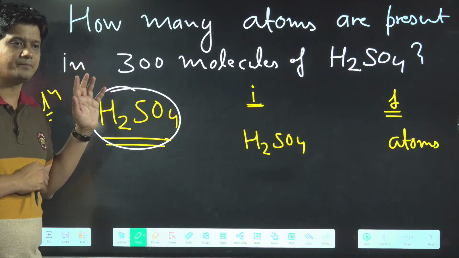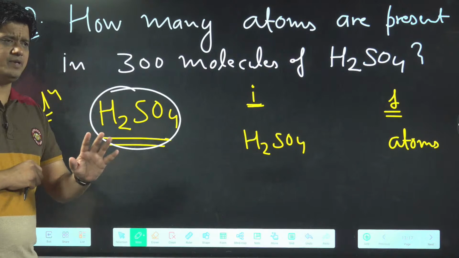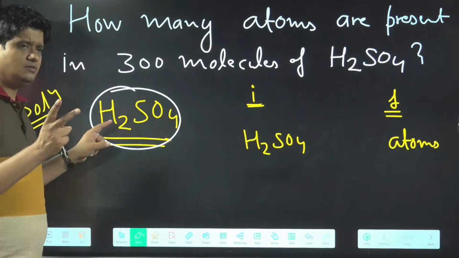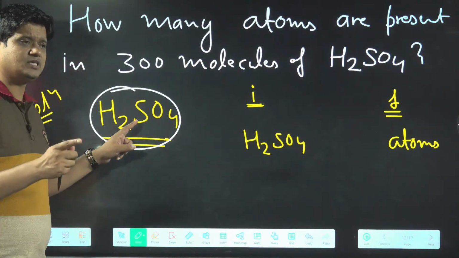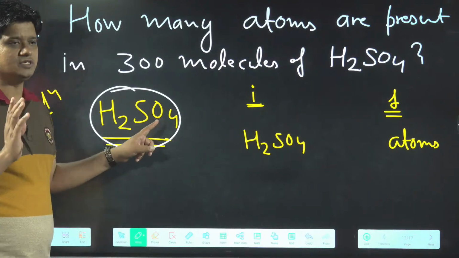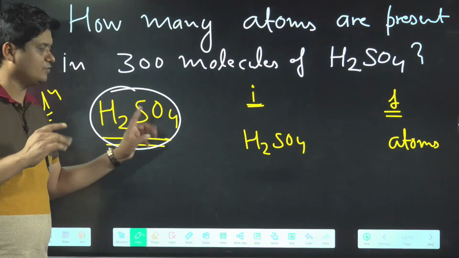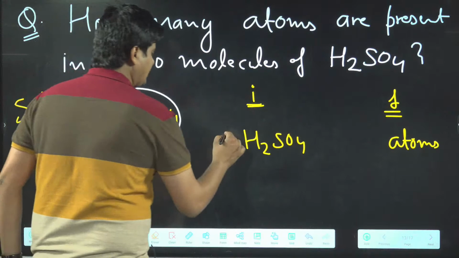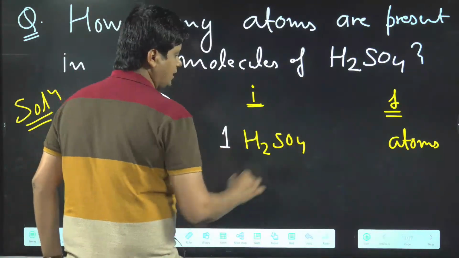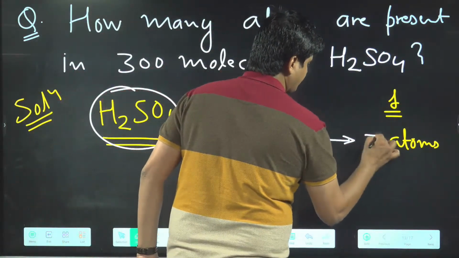Am I right? So I can write it like this: 1 H2SO4 contains 7 atoms.